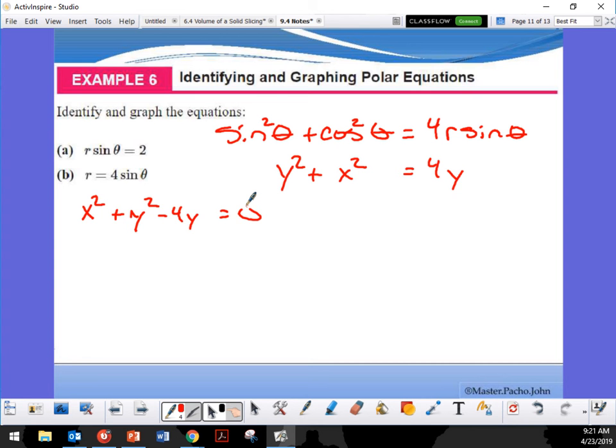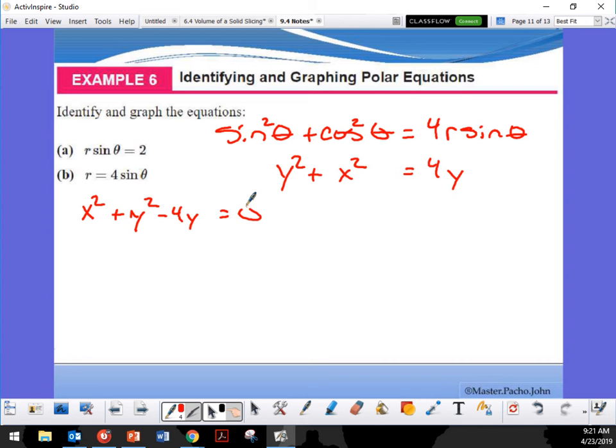What shape is that supposed to be? It's a circle. Yeah, it could be a circle, or an ellipse. Either way, it depends on what I get. If it's going to be like an x squared over 2 or a y squared over 2, something like that, over some value, that'd be an ellipse. But this one could be a circle, right?